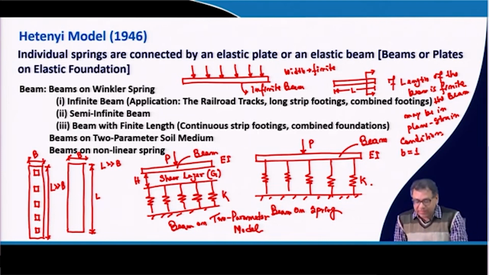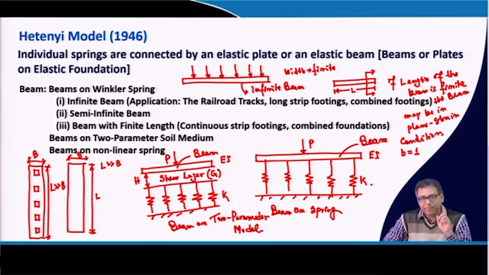Remember that if this is an infinite beam, then you have a finite width of the beam. And if it is a finite length of the beam, then there is a possibility that the beam will be under plane strain condition, and we have to consider B as a unit.